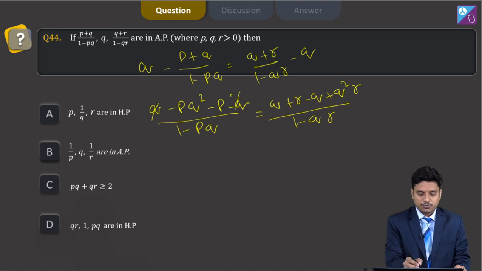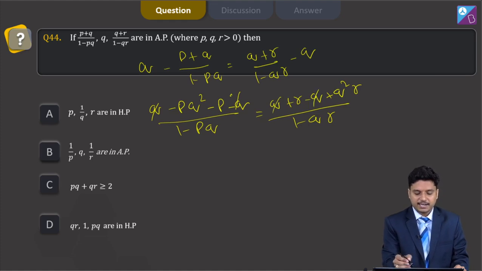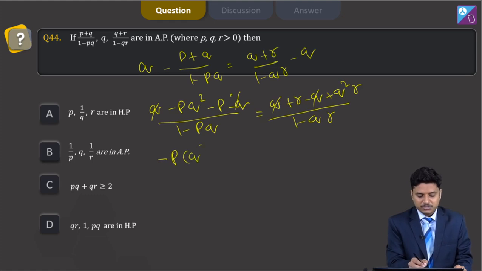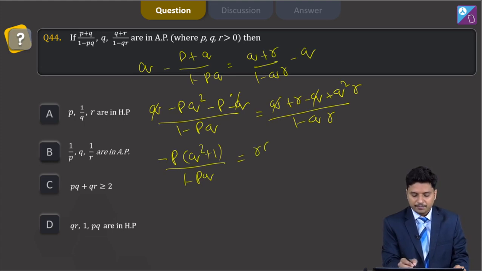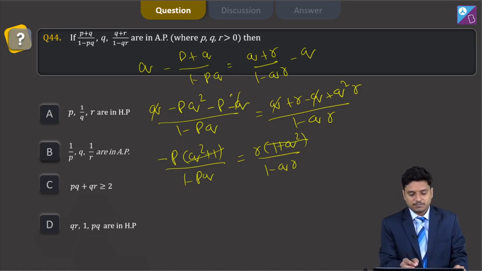In the left hand side Q and Q are getting cancelled, and on the right hand side these are also getting cancelled. In the left hand side −P is common, (Q² + 1) will be there divided by (1 − PQ), and in the right hand side R is there, (1 + Q²) will be there upon (1 − QR). Now as 1 + Q² is never going to be 0, we can simply cancel these two. −P/(1 − PQ) is equal to R/(1 − QR).